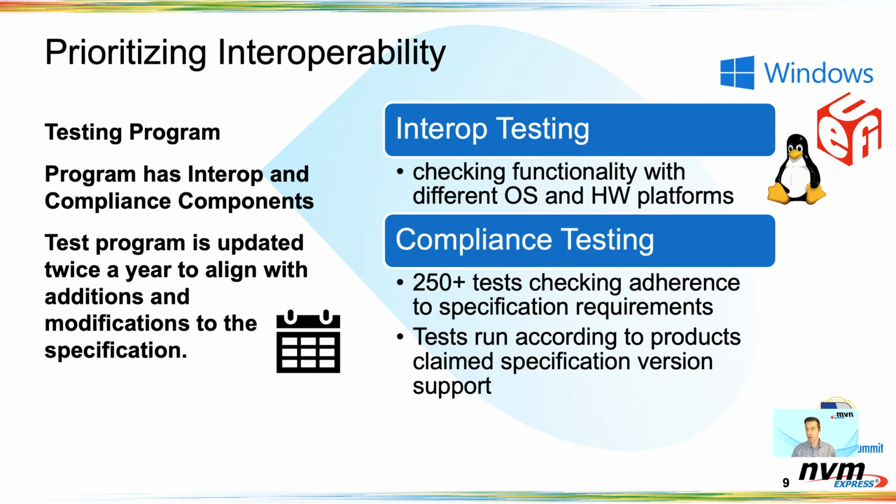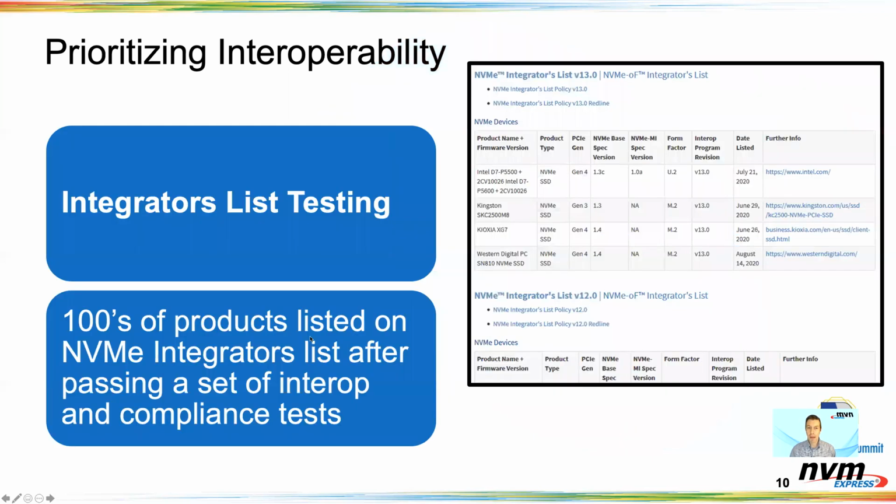The compliance makes sure that folks are following the specification, and then the interop check makes sure that at a fundamental level, those SSDs are functioning properly, that they're working, that there is interoperability. And after we go through that process, we do have a public-facing integrators list for products that pass compliance and interop tests in order to provide some recognition to products that have proven that they are interoperable and compliant to the spec.